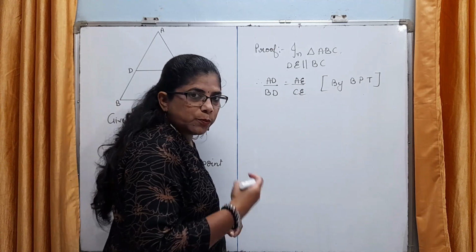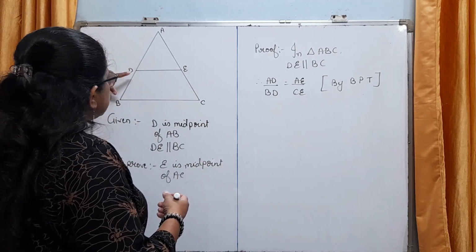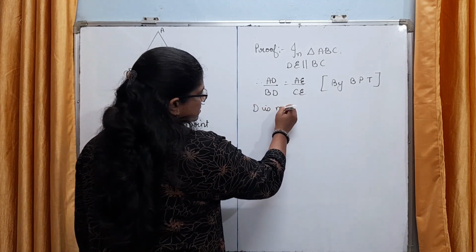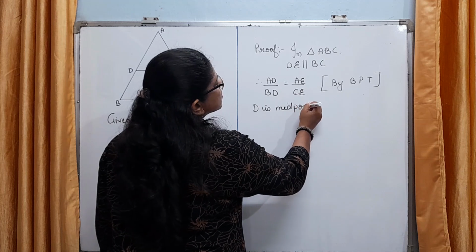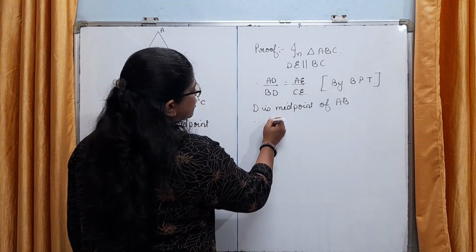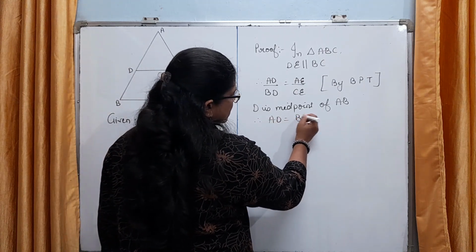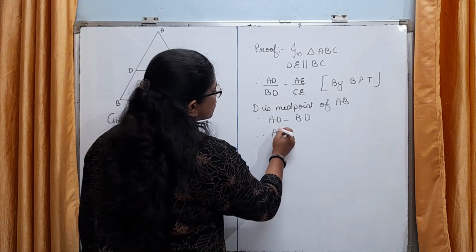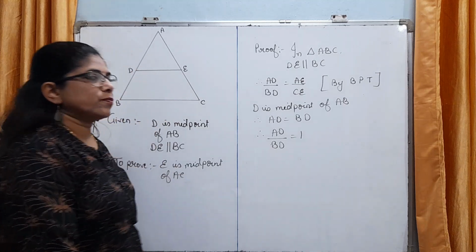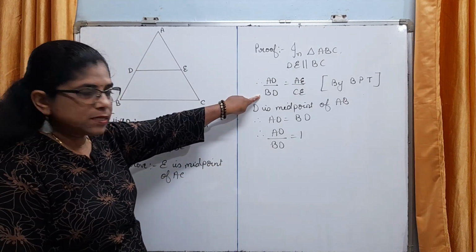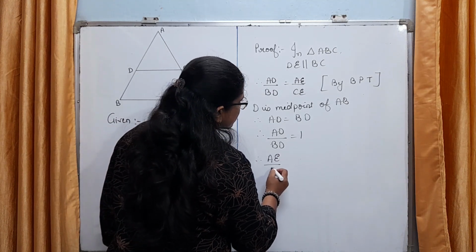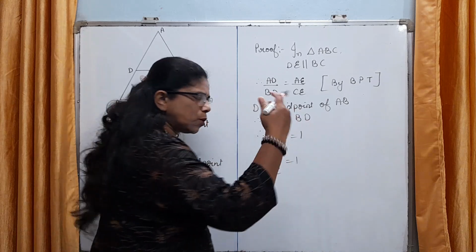Now one more important information we have is that D is midpoint of AB. Now if D is midpoint of AB, AD is equal to BD, and therefore AD upon BD is equal to 1. Now if AD upon BD is equal to 1, therefore AE upon CE is also equal to 1.